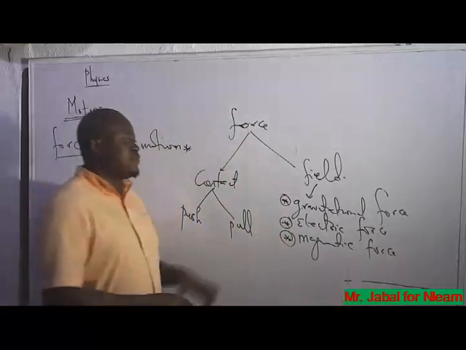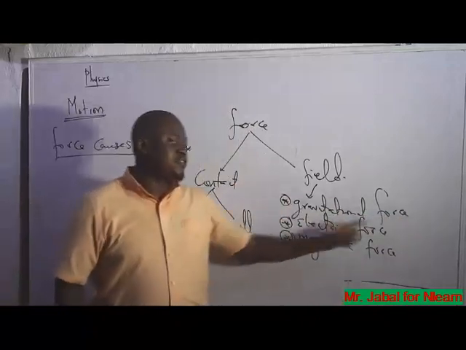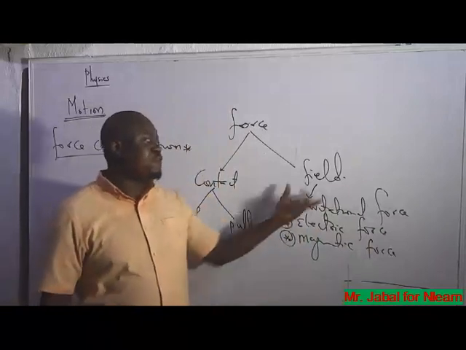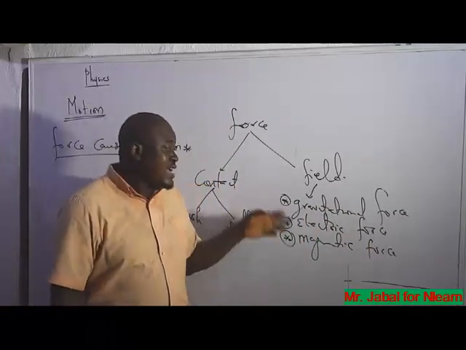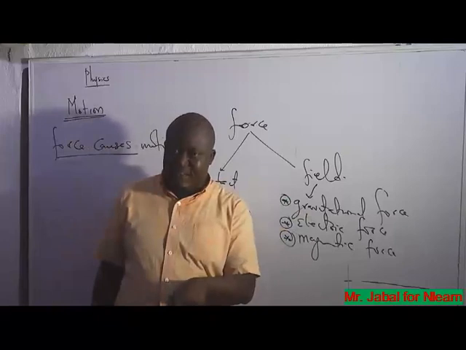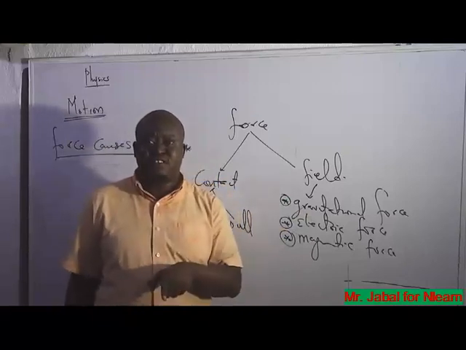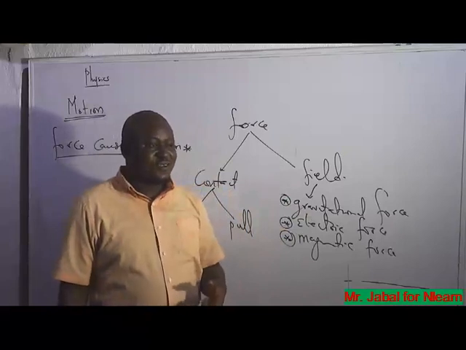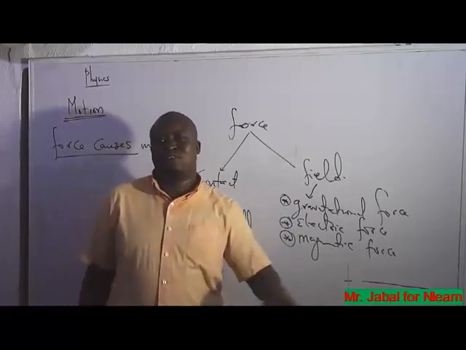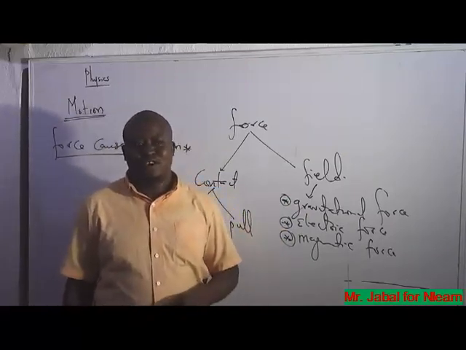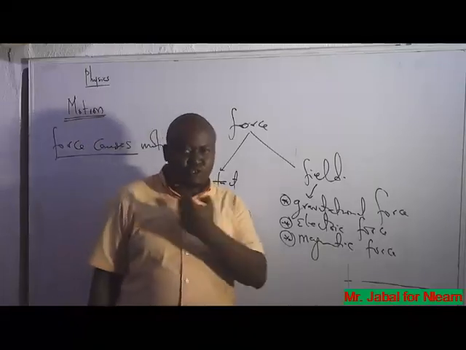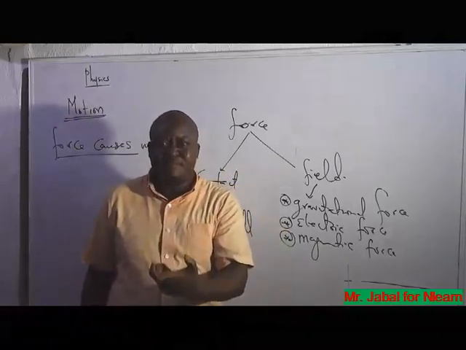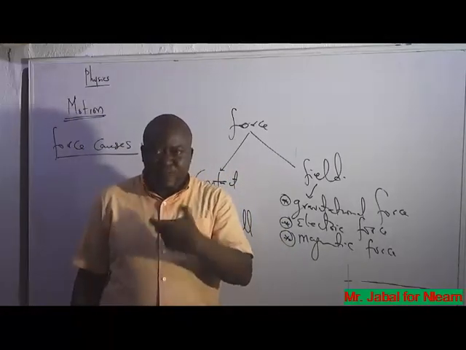Gravitational force, electric force, and magnetic force are all examples of field force. The reason is that they cause bodies to accelerate and to change position, but they are never in contact with the body in question. You feel them acting, but you don't see them. You can only feel it.